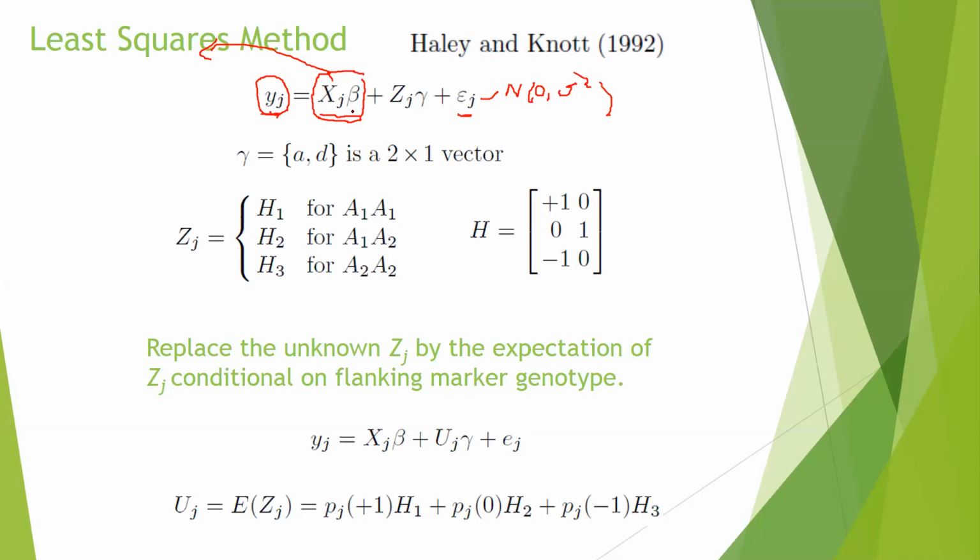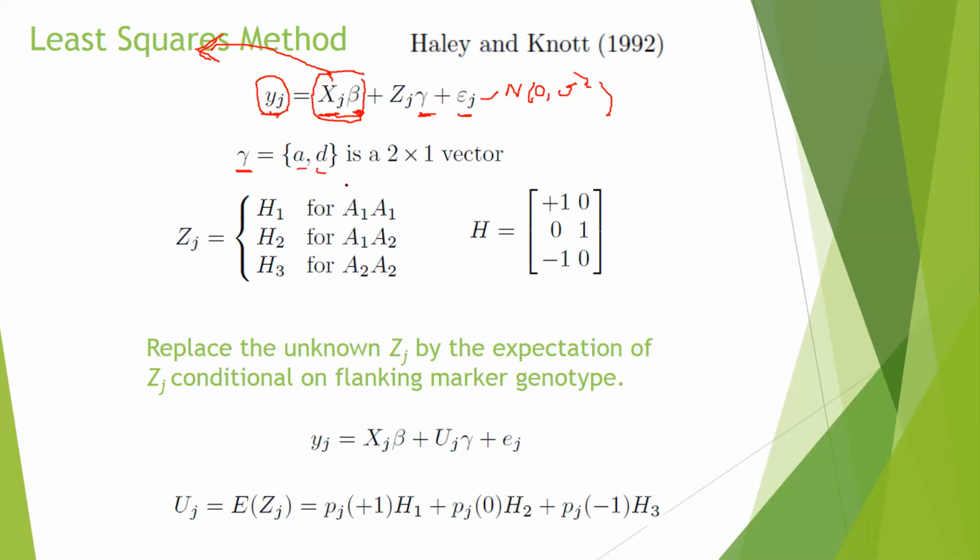Beta is the coefficient for the non-genetic effects, and X is the design matrix indicating whether this data is from China or from the United States. This term is necessary, but we're not interested in it, because we actually are interested in gamma.